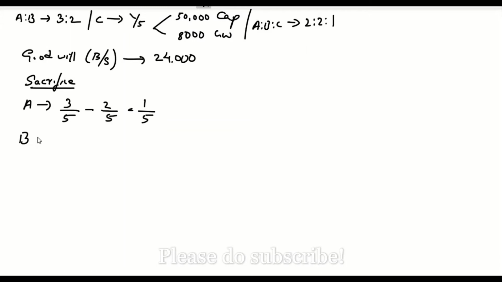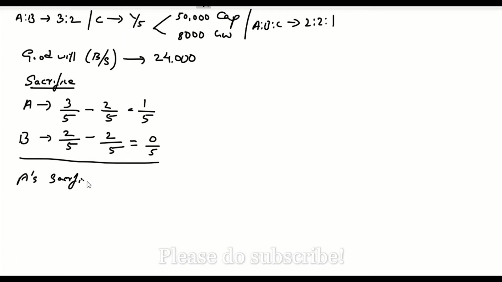Then B, his original share is 2/5 minus 2/5 itself. His new share is 2/5 again, which will give 0/5. So here only one person sacrificed. A sacrificed. For B there is no sacrifice at all. A's sacrifice is 1/5. Now we need to pass journal entries.